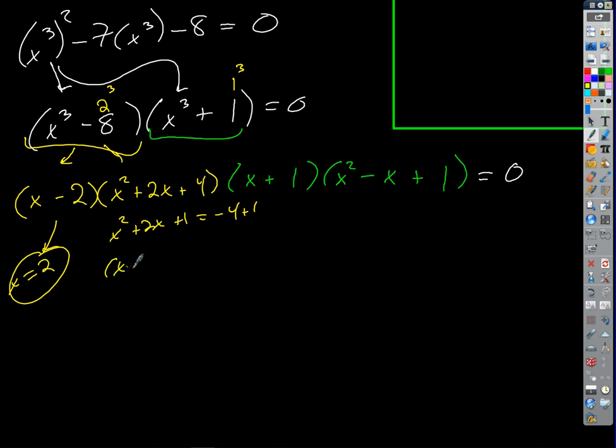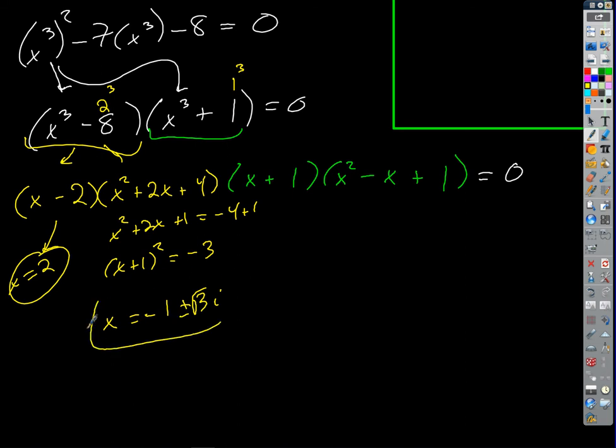So we're going to get (x plus 1) squared equals negative 3. So what are my 2 solutions going to be then? I'm going to have to square root both sides, so I'm going to get plus or minus the square root of 3 times i. And then what's going to go in there? Everybody get it? Okay.